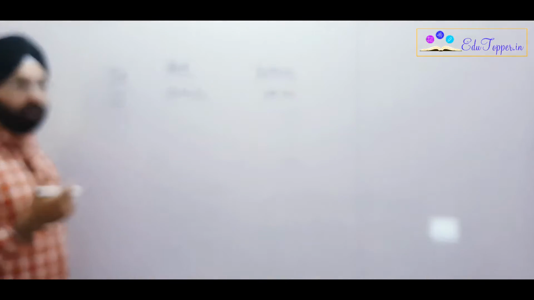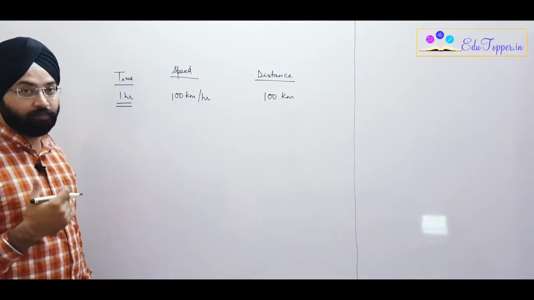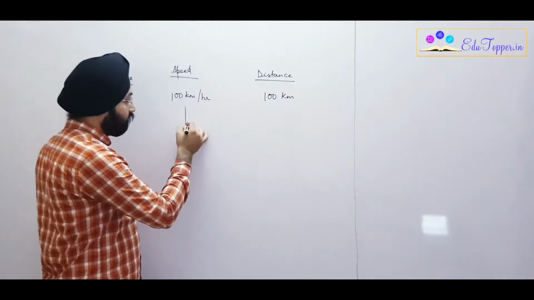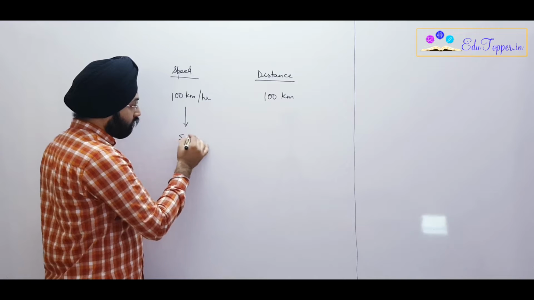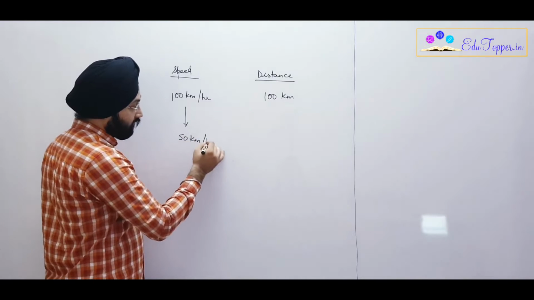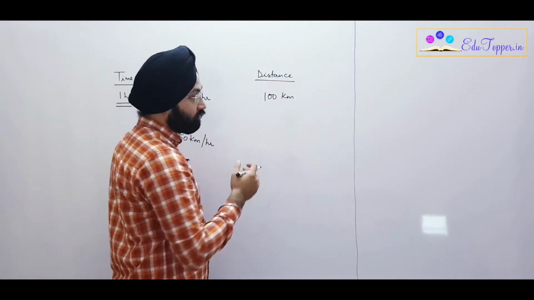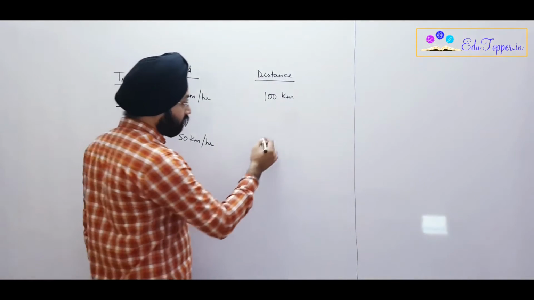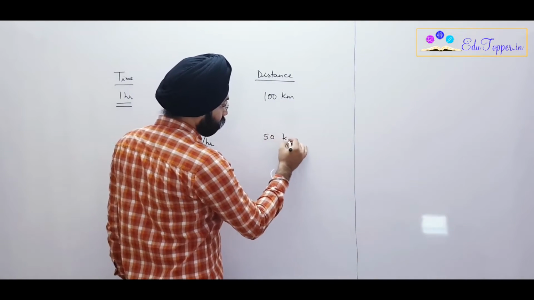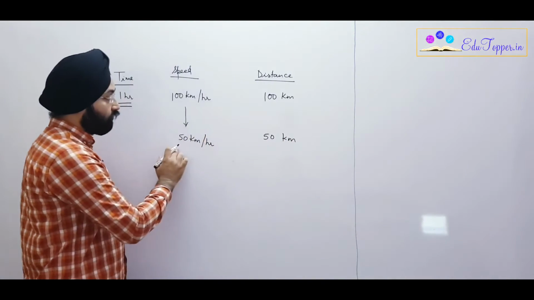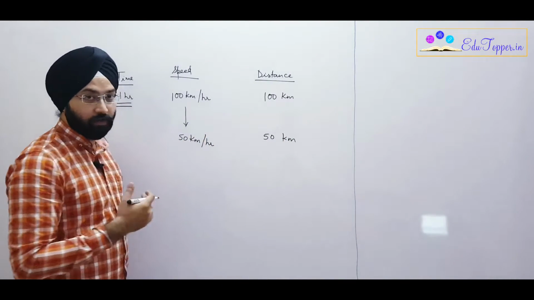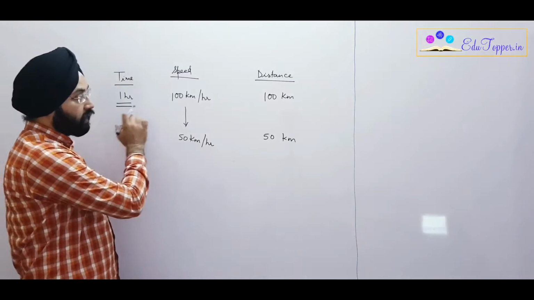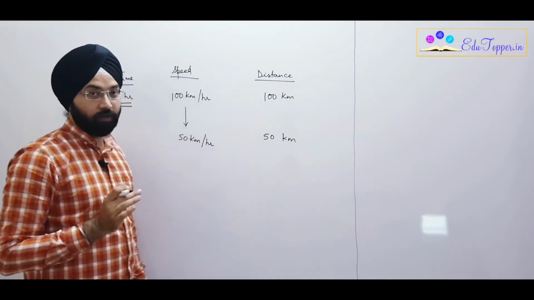Now, if you decrease the speed by 50%, to 50 kilometers an hour, will the distance also get decreased by 50%? Yes, that's obvious. If you travel at the speed of 50 kilometers per hour, in 1 hour, you'll travel 50 kilometers.